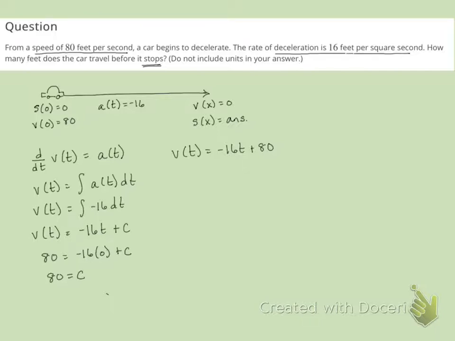So we know that the derivative of the position function equals the velocity function. And therefore, if we take the integral of the velocity function, we'll have the position function. So the position function is going to be the integral of -16t plus 80.